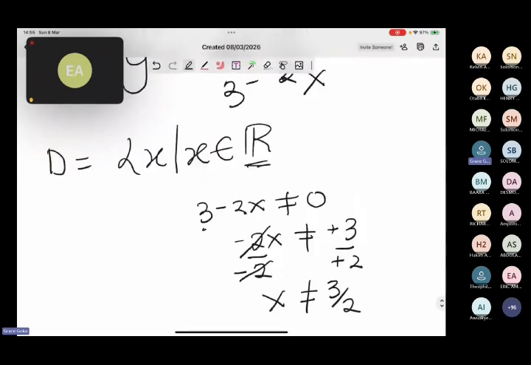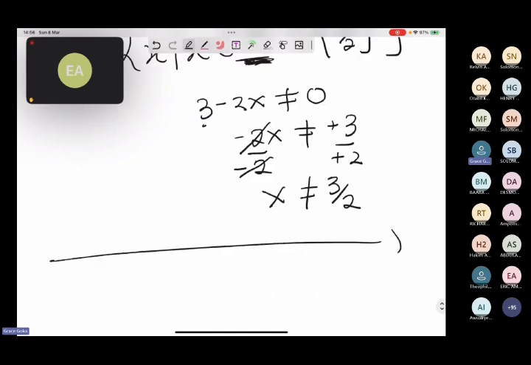So if it's going all weather, if it's going to the past, if it's going to the future, if it's being at the present, it is in real numbers, but what will the denominator not accept? It must not be 3/2. So we put 3/2 in curly brackets, meaning we are subtracting the 3/2, which is a set, from the set of all real numbers, and that gives us the domain of the function.